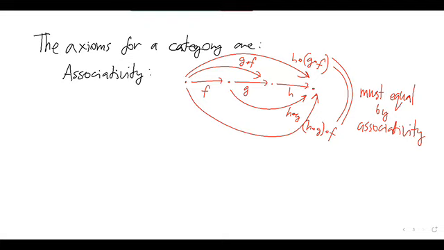And the second axiom is the identity axiom, which says that for every object X, there will always exist an arrow going from X to X, which will have a special property.